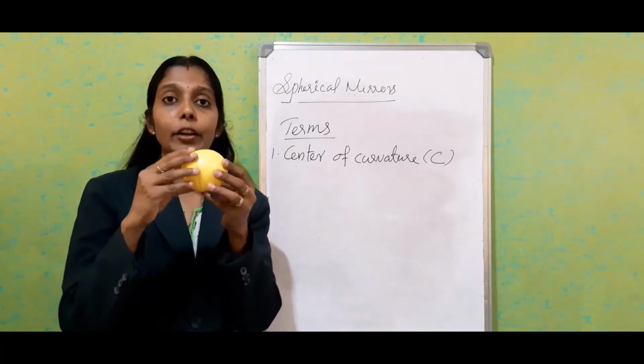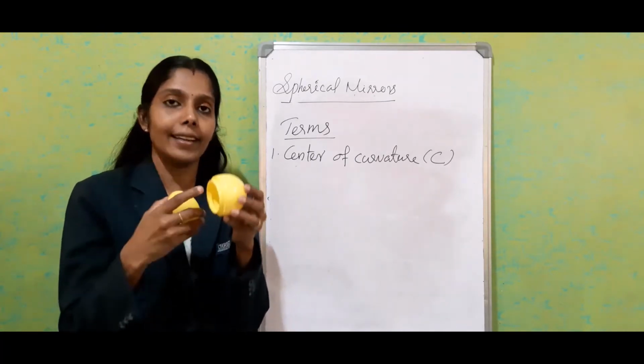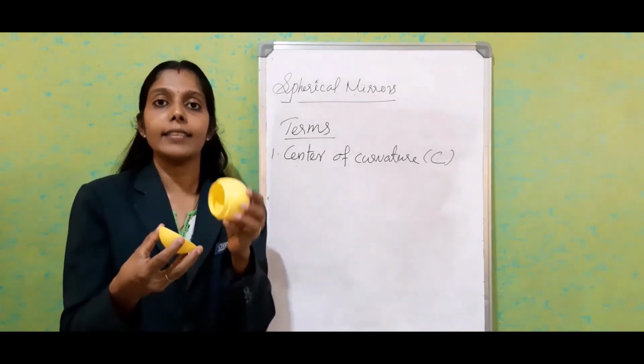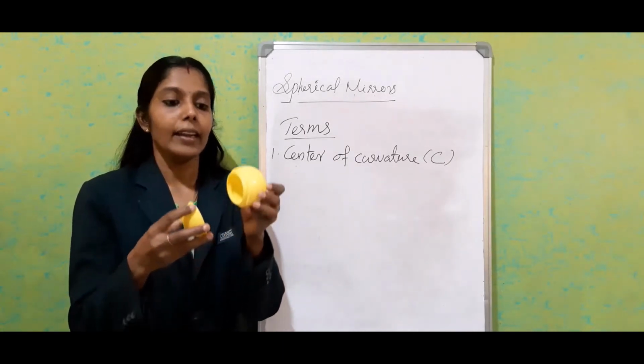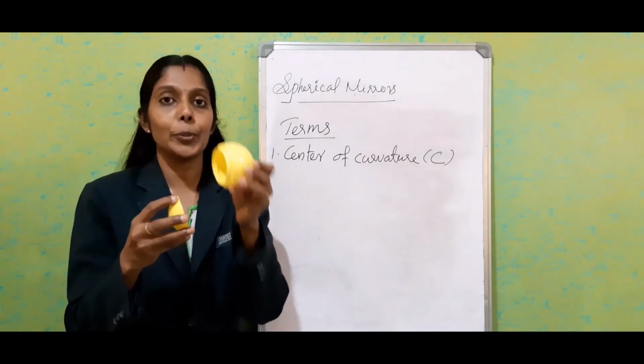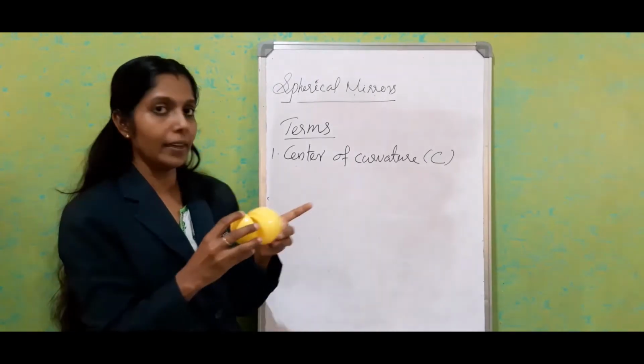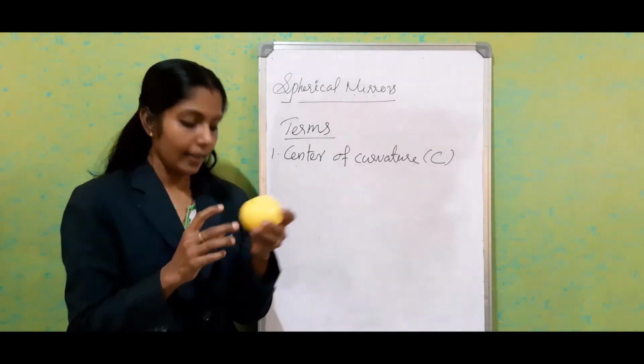The geometrical center of this sphere is the center of curvature. Or we can define it as the geometrical center of the sphere of which the mirror is a part.